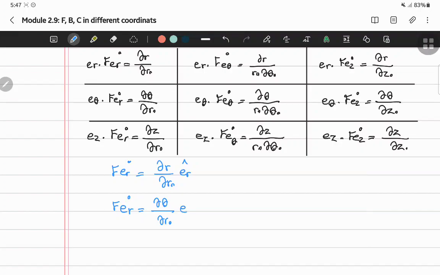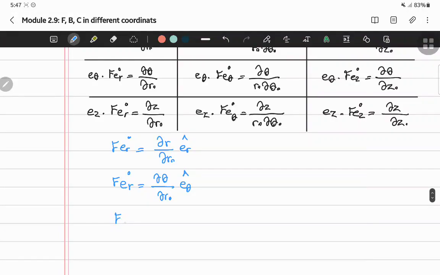Then this becomes 1. And e_Z dot F e_R0 is equal to the partial derivative of z with respect to R0, because we have e_Z here and the dot product becomes 1.